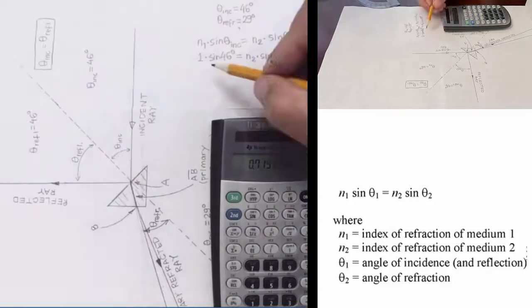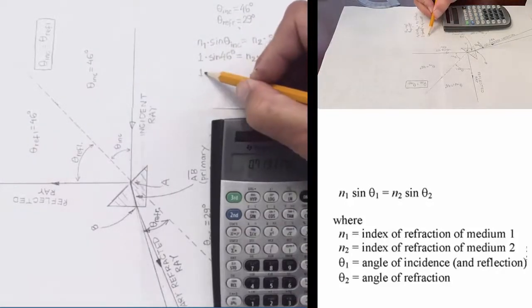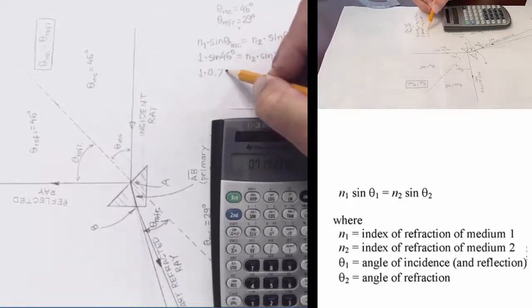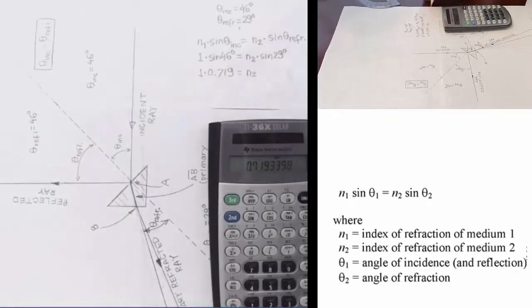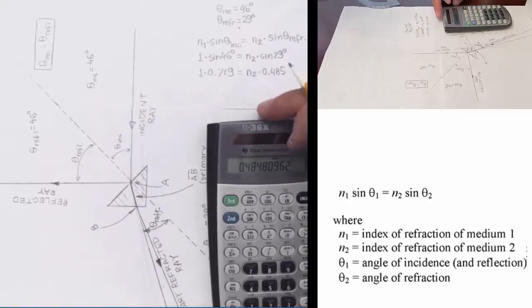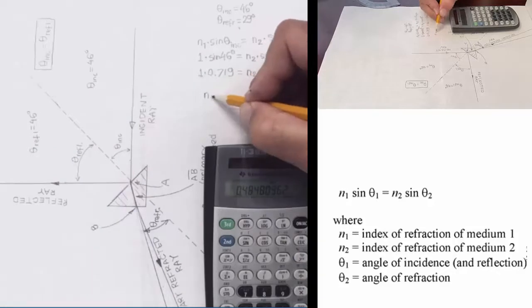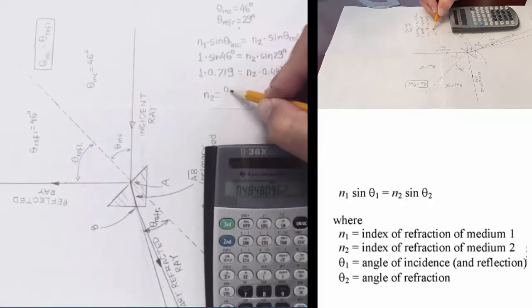Comes out to be 0.719. 1 times 0.719 equal to N2 times sine of 29 degrees. Comes out to be about 0.48. We can round it to 0.485. And then from here we can calculate N2 as 0.719 over 0.485.